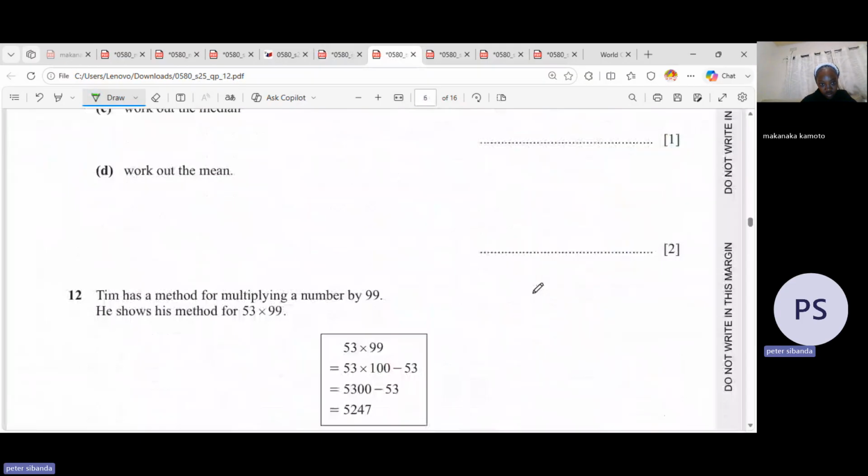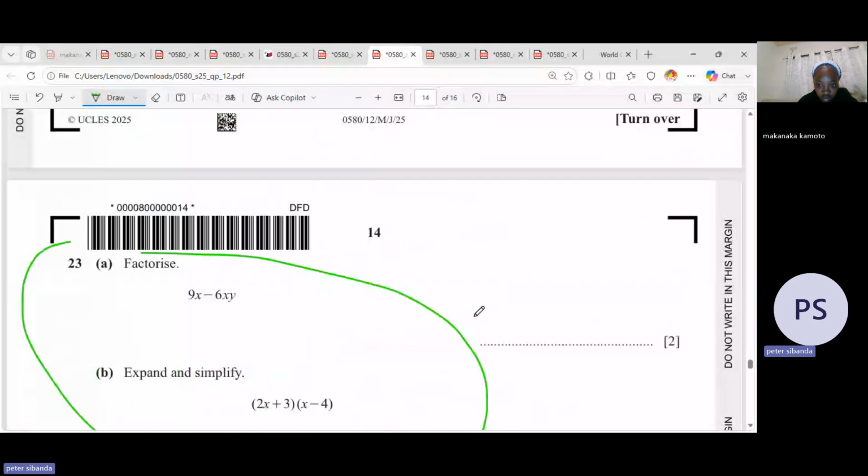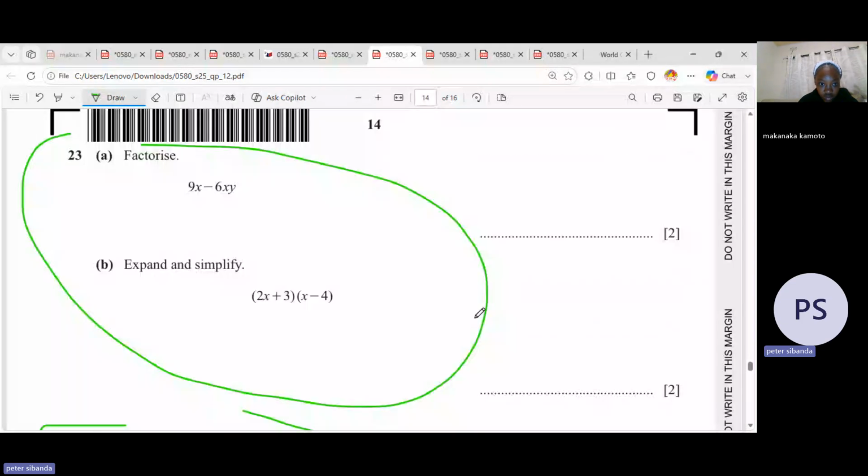So this one, I'm not going to do it with you. You do it alone as homework. I just sent it to your WhatsApp. Confirm receiving it. Yes.